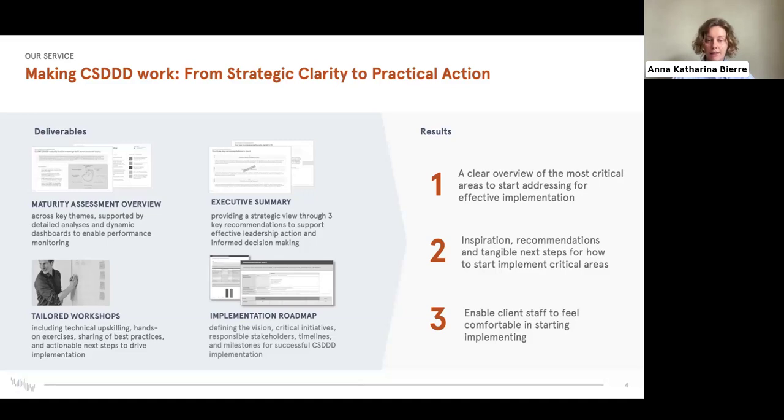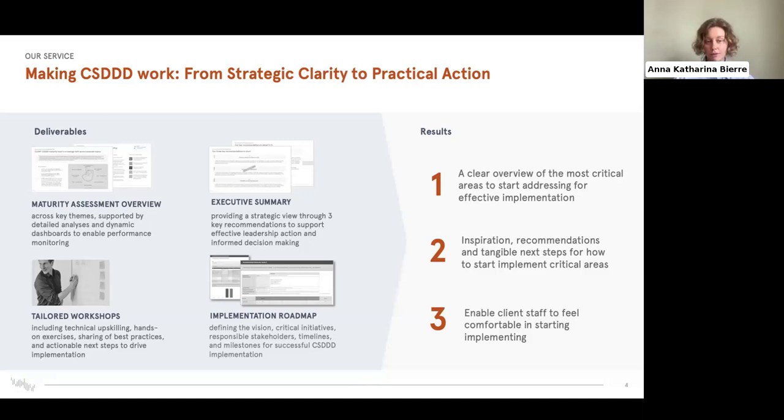Then we also provide an executive summary. It's a non-technical summary where we curate the technical observations even more. And we provide a more strategic view on what the top 3 recommendations are, but also to support effective leadership acting and informed decision making.